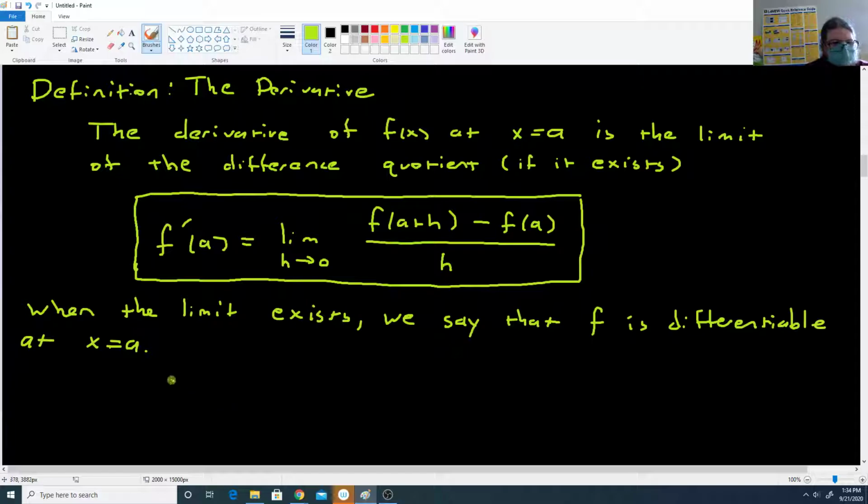And then we're going to get an equivalent definition, which is the other equation we generated earlier.